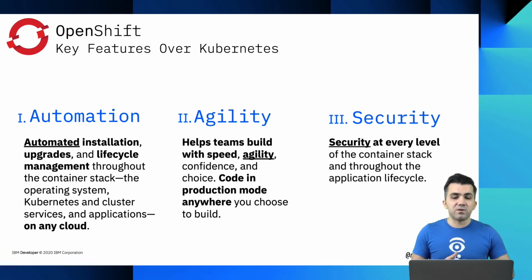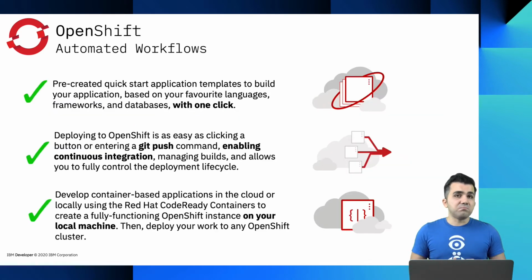Agility is basically achieved by the fact that it helps teams build with speed and agility and code in production level, production mode, anywhere. And also because of all those components, all those security features, you get security at every level. So I mentioned automated workflows. Let's explore them one by one.